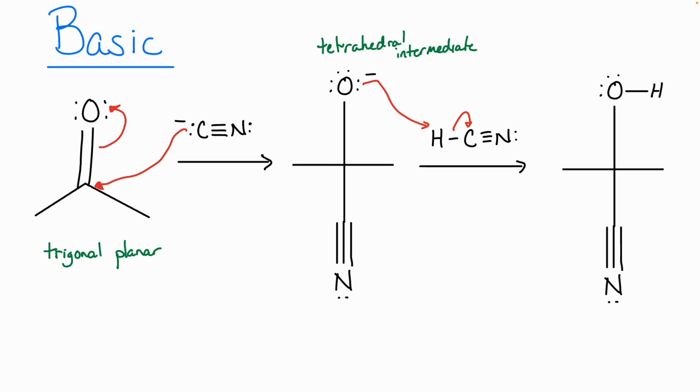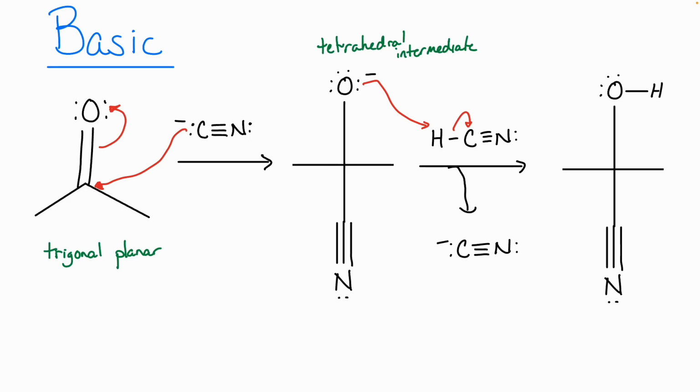And just note that using the protonated form of your nucleophile is just a clever trick, because what's going to be produced? Your nucleophile, right? As soon as that oxygen removes that hydrogen, now you've just replenished your supply of nucleophile. So this thing can turn right back around and react with a new molecule of acetone. Okay?